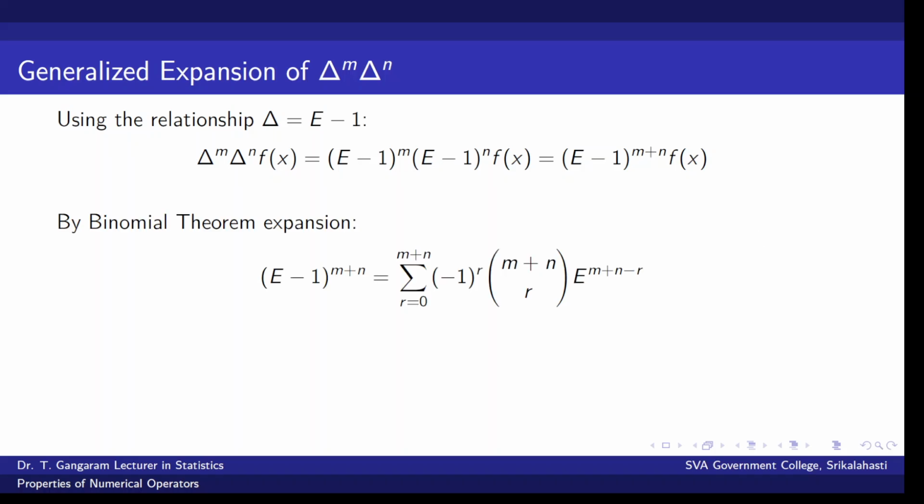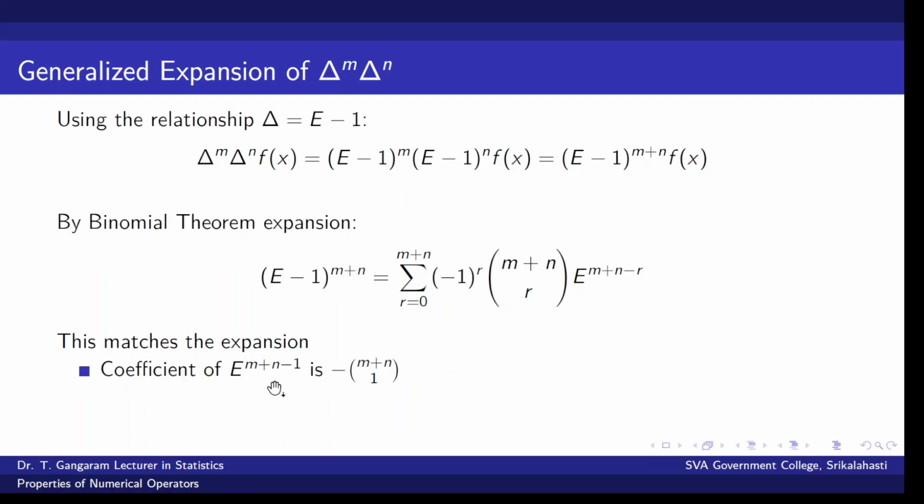By using the binomial expansion, we expand E minus 1 power m plus n as summation r equal to 0 to m plus n, minus 1 power r, m plus n C r, E power m plus n minus r. We can understand this by using the expressions.